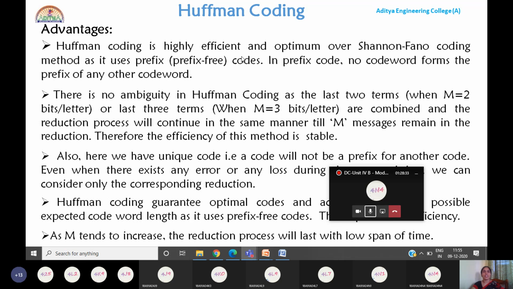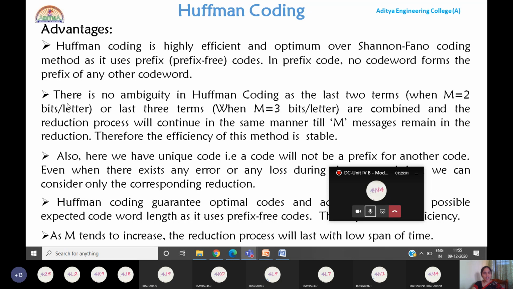Okay, so Huffman coding is highly efficient and optimum technique over Shannon Fano coding method because it uses the prefix free codes or prefix codes. In prefix code, no code word forms the prefix of other code word. The prefixes of all the code words are not the same. So partitioning does not happen there.